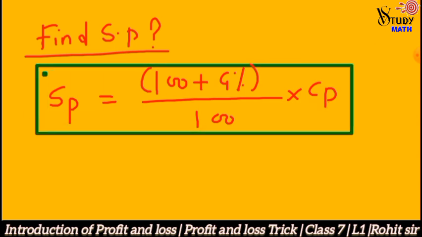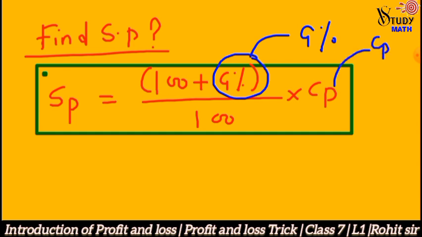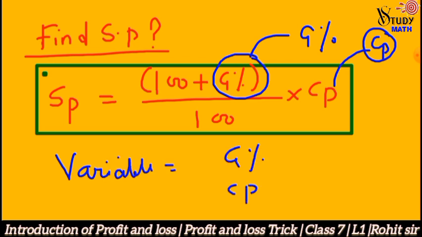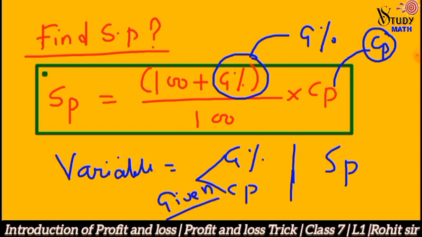to find out SP. The thing we have to remember is that we are going to apply this formula when gain percent is given and CP is given. Here we have three variables. One is gain percent, second is CP, and third one is SP. If these two are given in the question, then we can apply this formula and find SP.